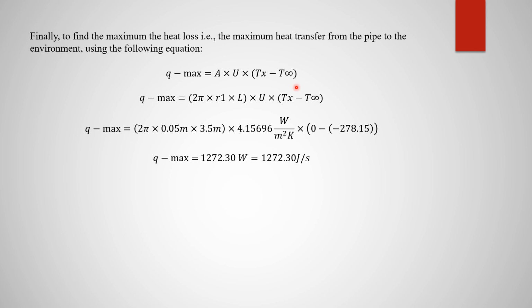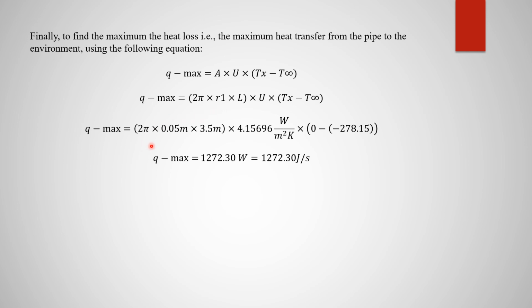The area is equal to 2 pi, the inner radius of the pipe, multiplied by L. Note that in other cases this can be changed, but since there is an inner radius and an outer radius, we will focus on the inner radius where the water flow occurs.